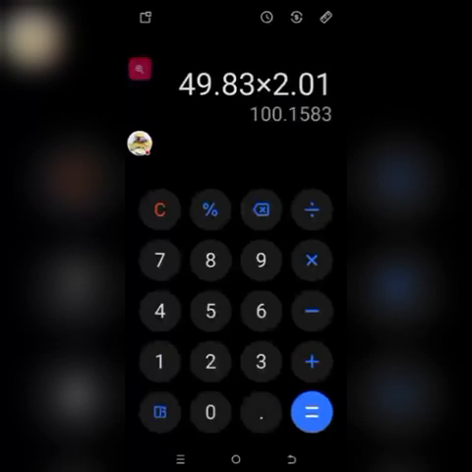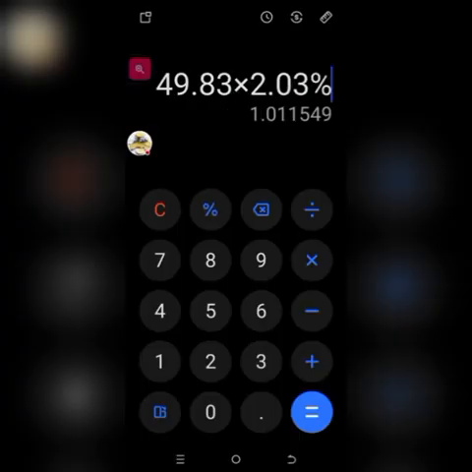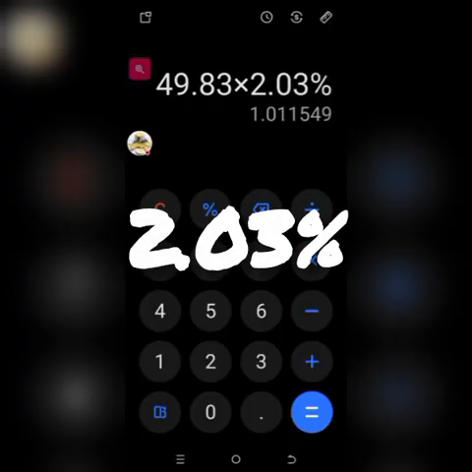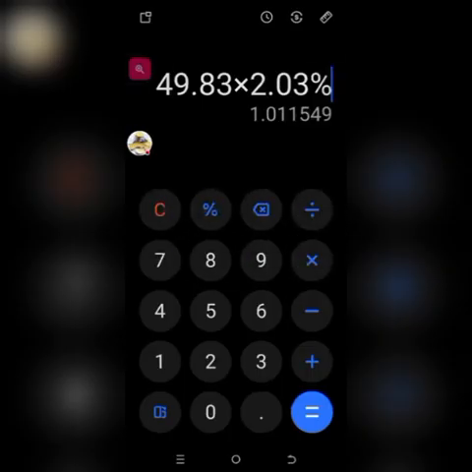Yes, something like 2.03. That's $1.01, so that's 2.03%. I just wanted it to be exactly in the range of a maximum of $1.